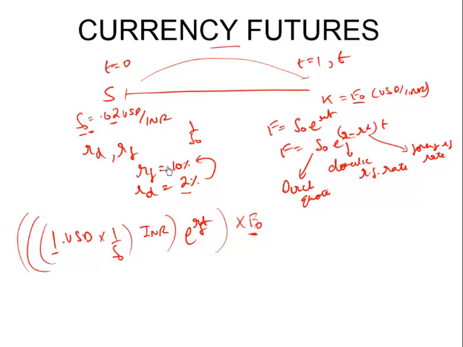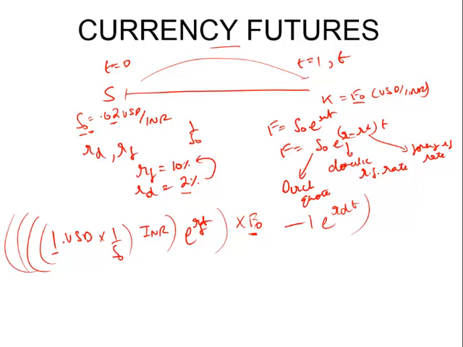So I will enter into a forward contract that I will sell so much INR and receive USD. And once I receive USD, I will pay my $1 borrowing back. I borrowed $1 to begin with. I've converted into USD, but on $1 I'll have to pay some interest at the rate of 2%. So e to the power 0.02 into T, or e to the power rd into T.